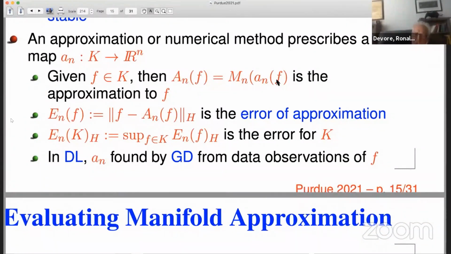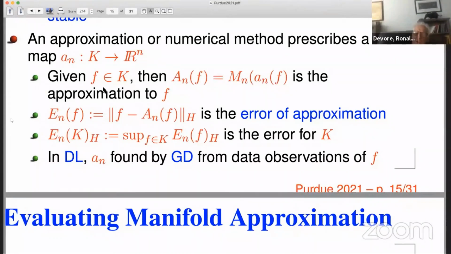What deep learning does is it uses gradient descent and a loss function, et cetera, to find the parameters. But you can view the approximation process as selecting, given F, the parameters. And I denote that mapping by AN.